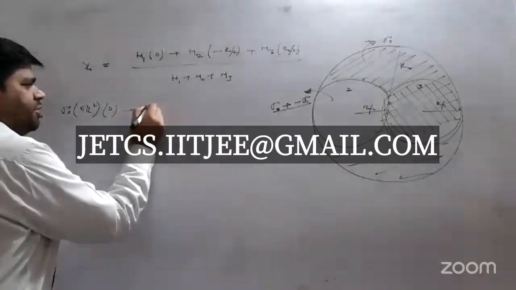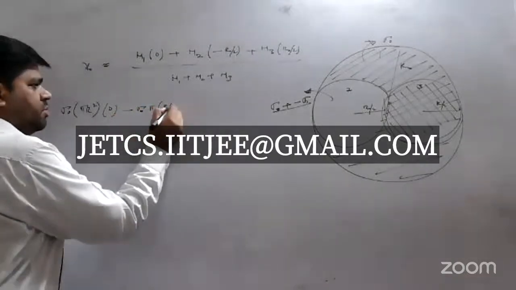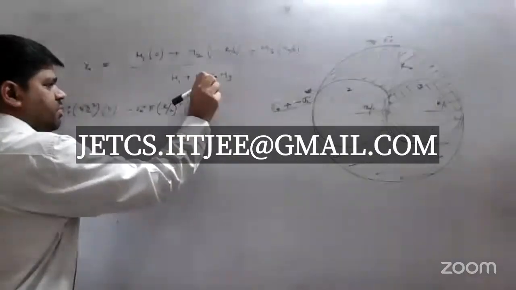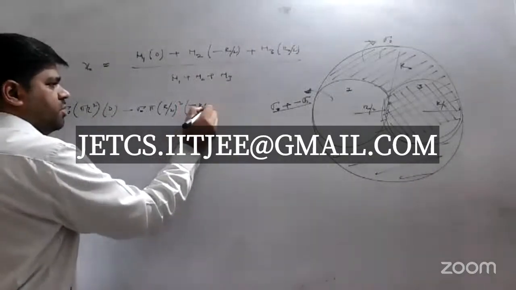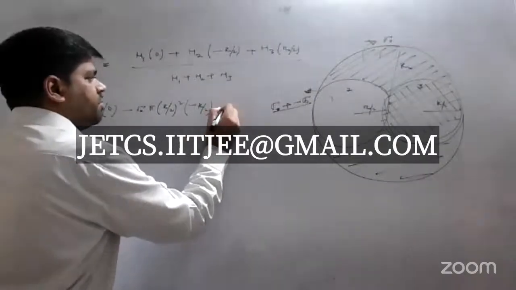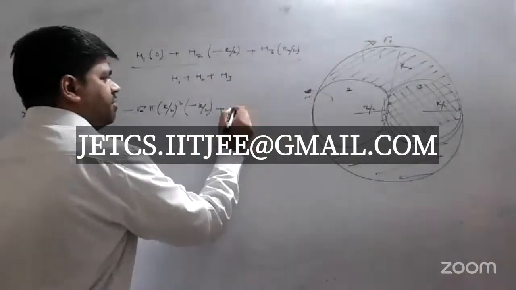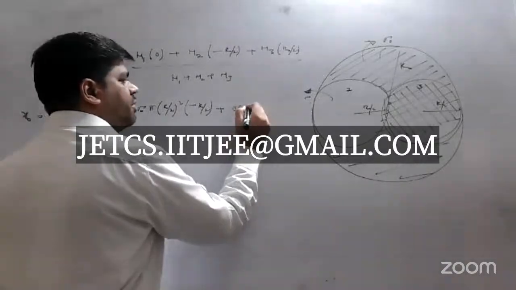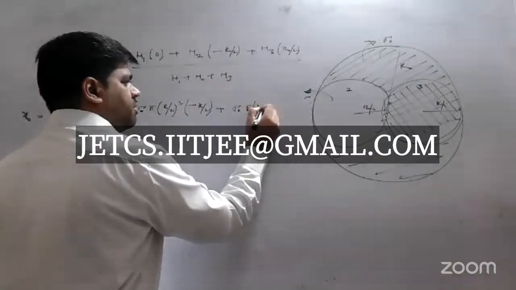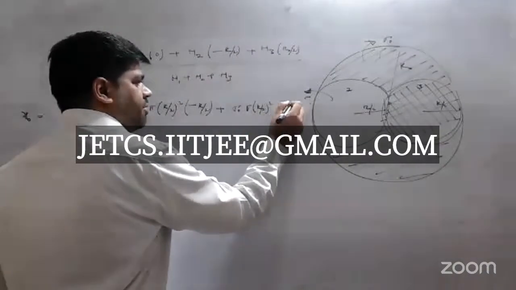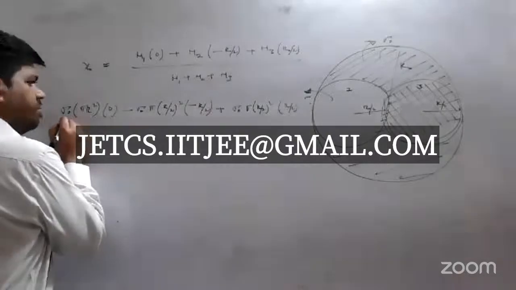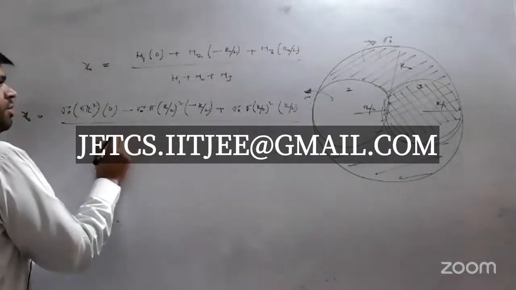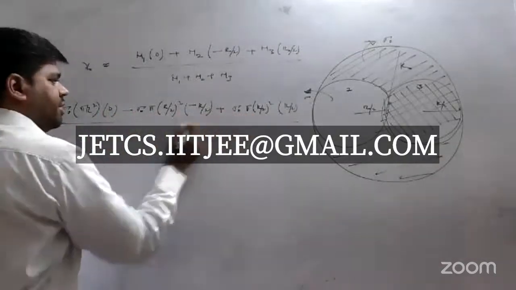So minus sigma into pi r by 2 square into minus r by 2. Plus M3. M3 is plus sigma. Sigma into pi r by 2 square into r by 2, by M1 plus M2 plus M3.